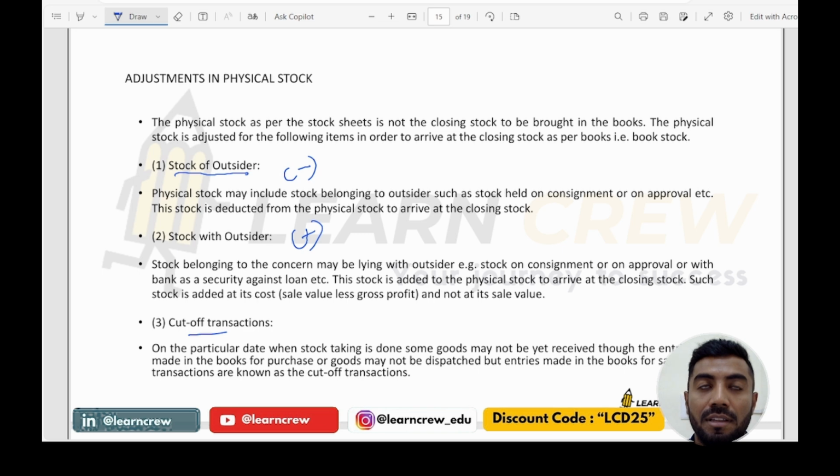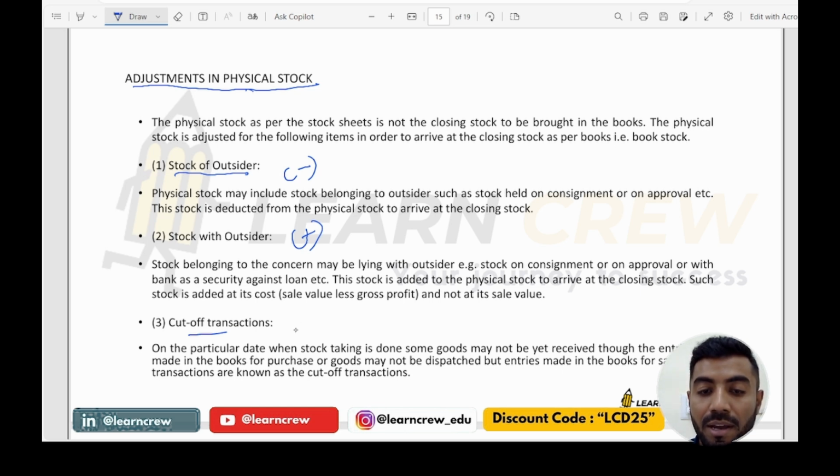Cut-off transactions as in you haven't made the sale. This is all the adjustments in physical stock only. Keep in mind, these are only with respect to physical stock. Cut-off stock as in you haven't made the sale, but still, the stock would not have gone out from the warehouse. The stock will still be lying in the warehouse.